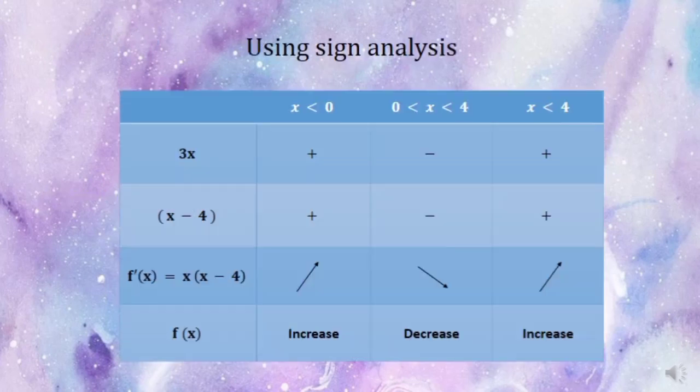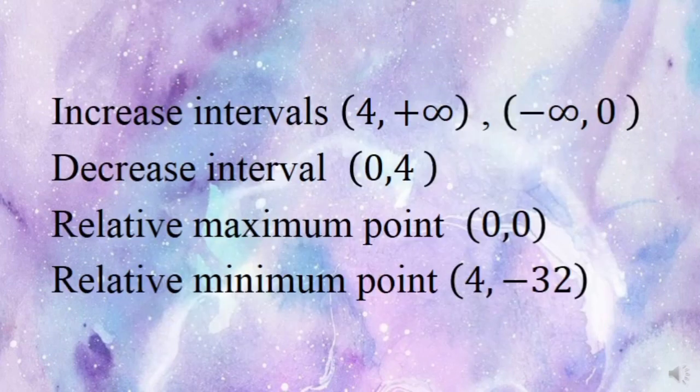From the analysis table, the conclusion is that the function is increasing, decreasing, and increasing. From the critical points, we have a maximum and a minimum point. The function f is increasing on the intervals negative infinity to 0 and 4 to positive infinity, and decreasing on the interval (0, 4). For the extremum points, the relative maximum is (0, 0) and the relative minimum is (4, -32).